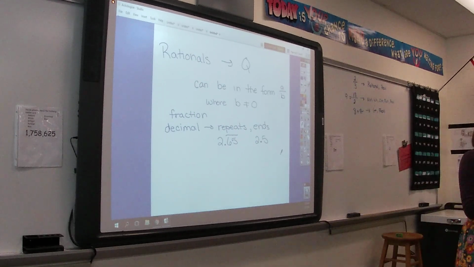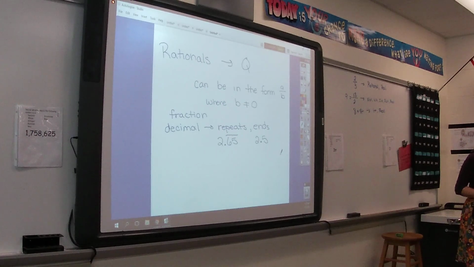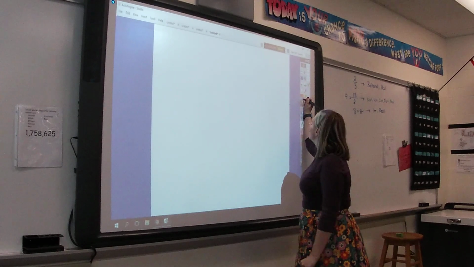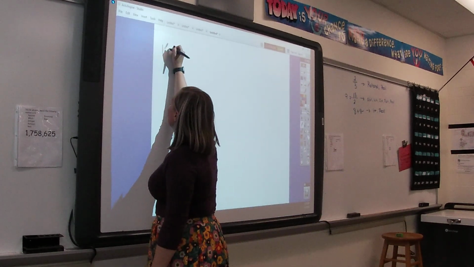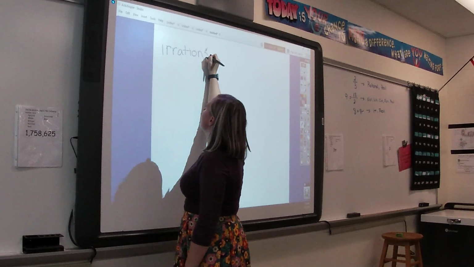So far, so good. Then we have this weird bucket. It is weird. There's a weird bucket that falls all alone, all by its lonesome. And this weird bucket, I wrote that, are our irrational numbers.